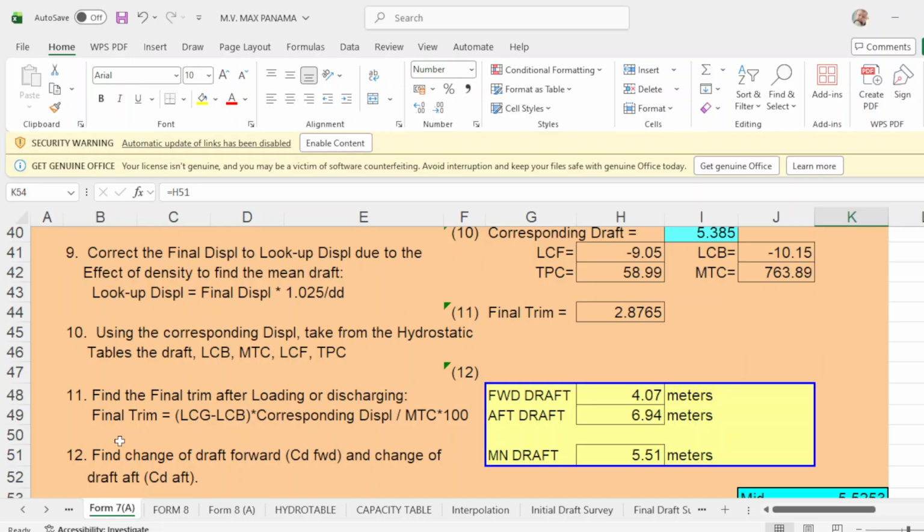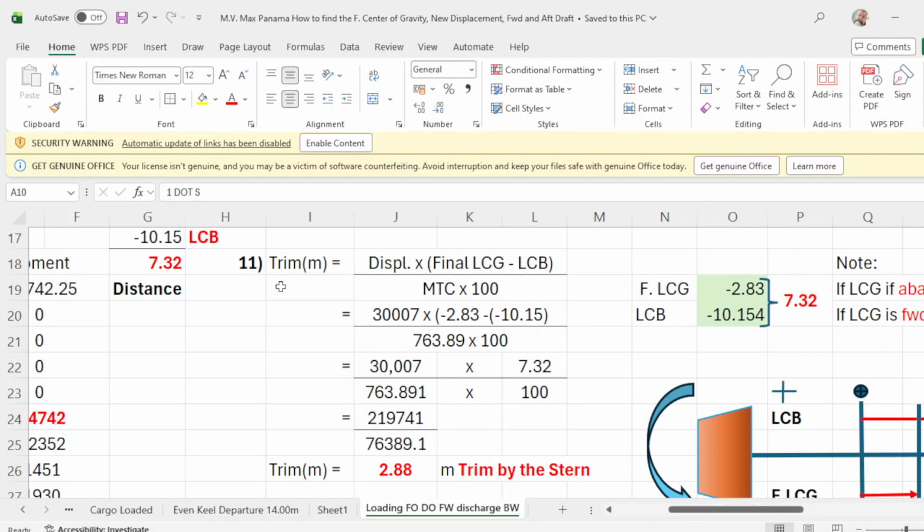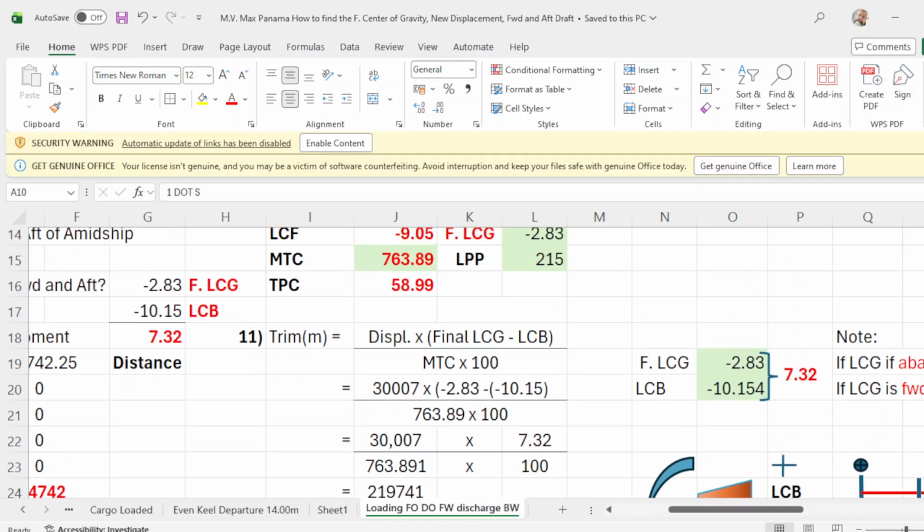The formula of 11 for final trim is equals LCG minus LCB times your displacement over MTC times 100. When manual computation, this is displacement times final LCG minus LCB over MTC times 100. Okay? So what is your displacement?